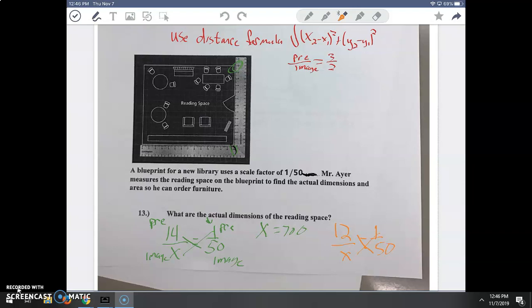Cross multiply, and we should probably call this y, that way we don't have two x's. In this situation, y is going to equal 600. So the dimensions are now actually 700 by 600, and this is probably 600 centimeters in this problem.